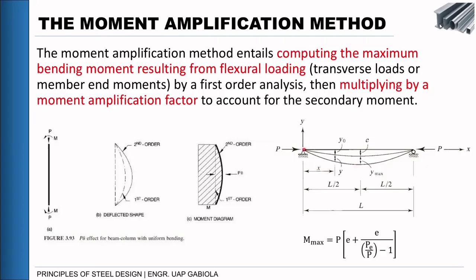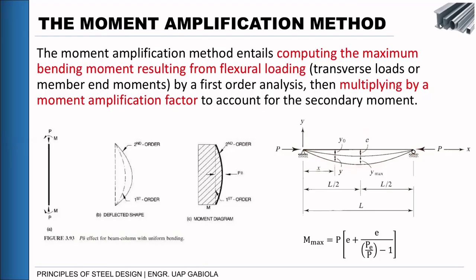So let's say the beam that we have has a crooked straightness, no? So di siya actually perfectly straight. But first, when the moment of the beam is analyzed, meron siyang eccentricity o yung loading natin has eccentricity from the center. So, yung deflected shape natin is this one. And as you can see, yung deflection natin is at center.